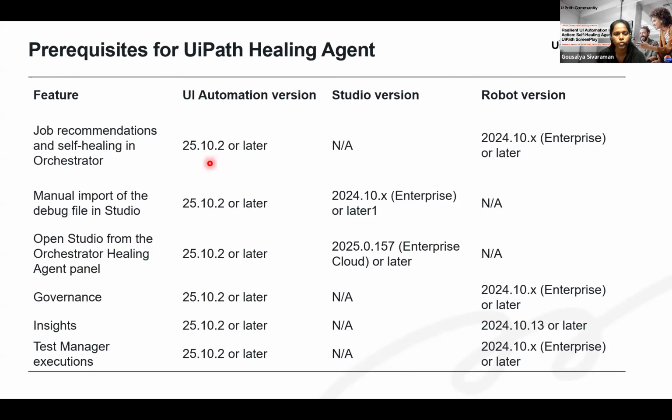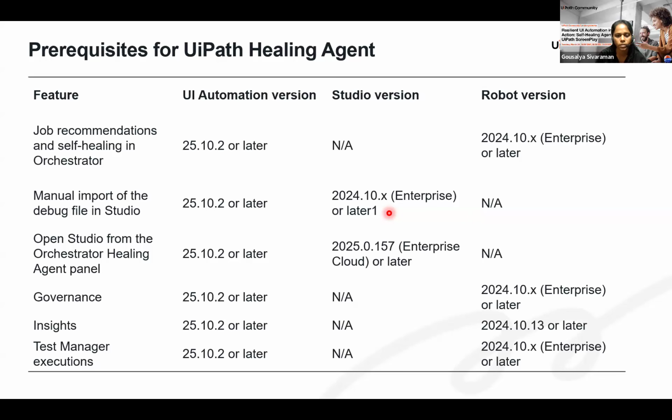In terms of UiPath Studio, you need to download that file manually and import it into the studio, or the studio version is supposed to be 2024.10.x or a later version.